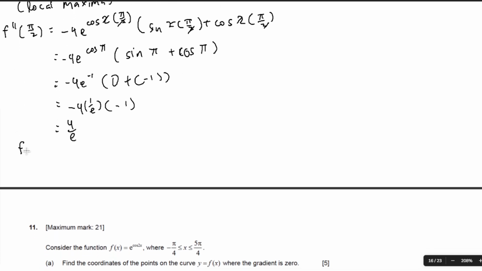Since f dash of pi over 2 is greater than 0, this is our local minima.